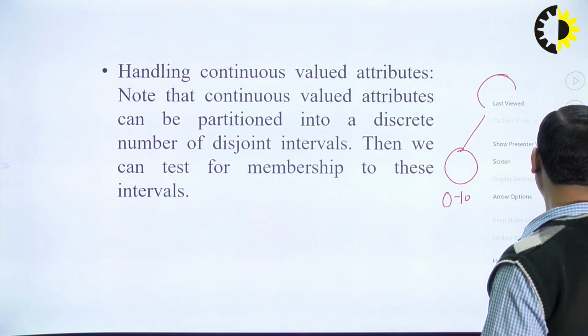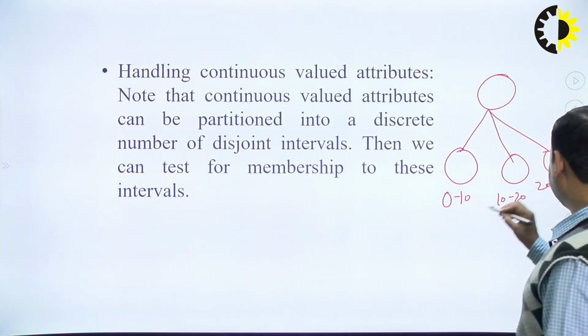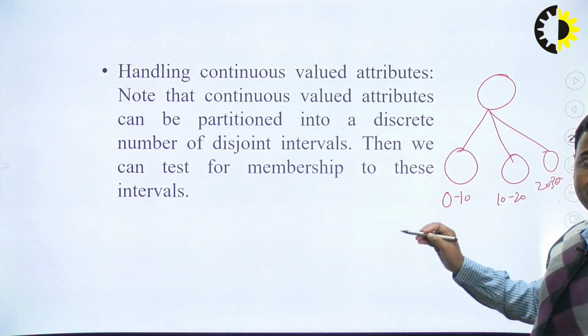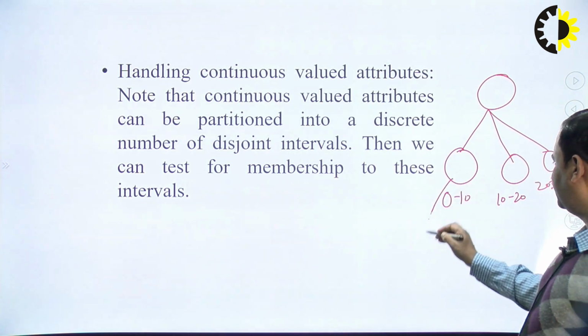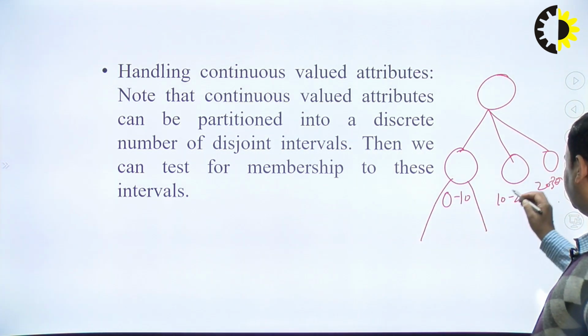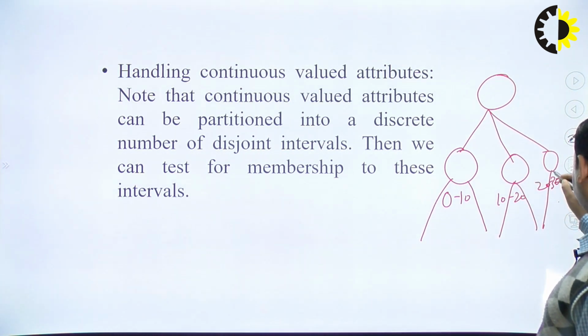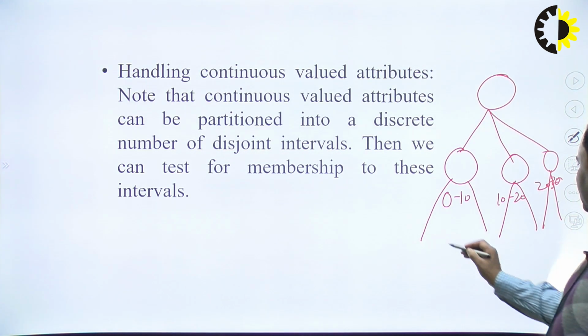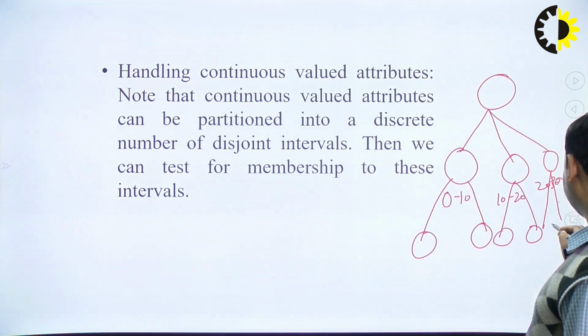If we perform classification again, we again split the node, creating 0 to 10, 10 to 20, and 20 to 30 intervals. If the decision is performed in such a way, we will get a leaf node.